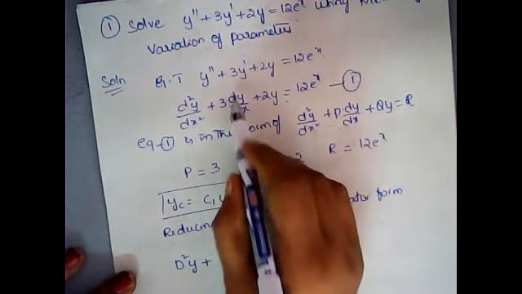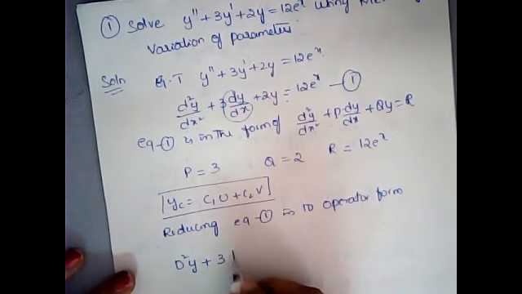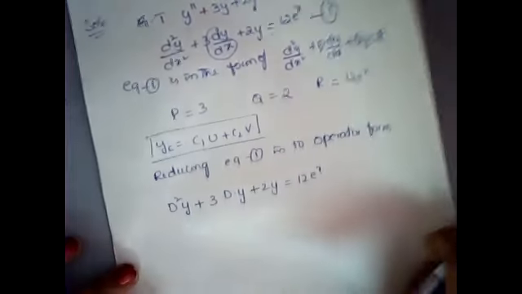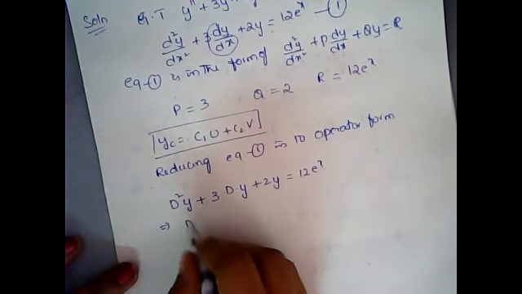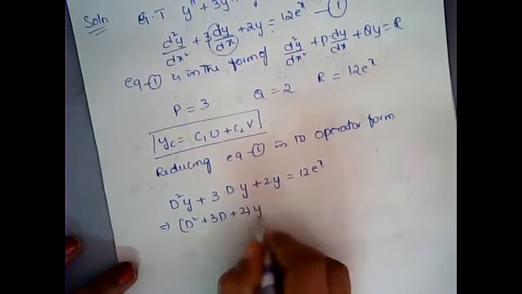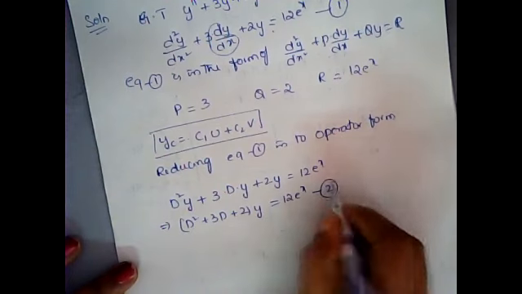And in the place of d by dx, you will write capital D, which gives 3 into D into y plus 2y is equal to 12 e power x. Now taking y as common, we get (D square plus 3D plus 2) into y is equal to 12 e power x. Let me take it as equation 2.